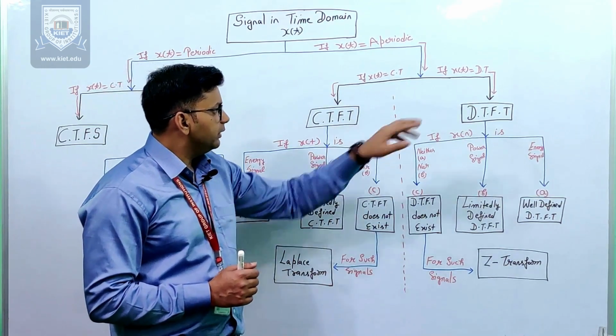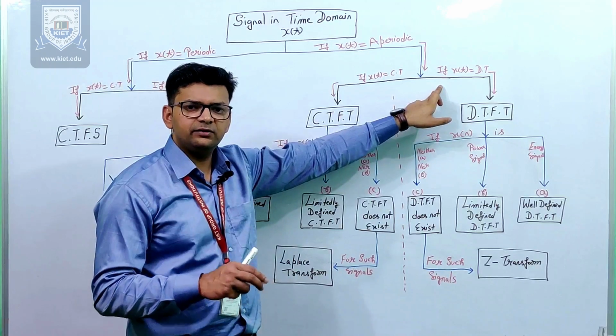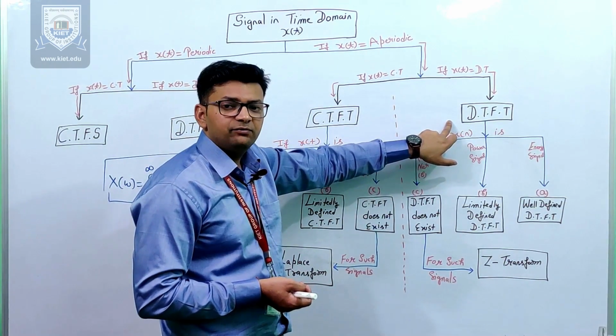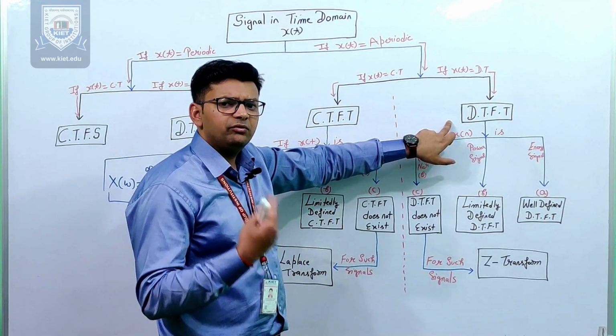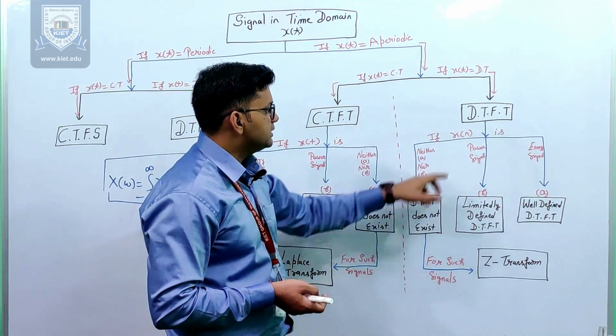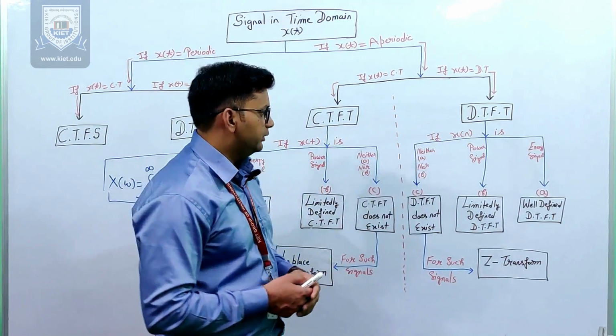So similarly, if my signal x of t is of discrete time nature, we can use the technique discrete time Fourier transform to find out the frequency domain representation of such signals, right? Again, we have categorized my signal. If signal is discrete, then we can say it is x of n, right?